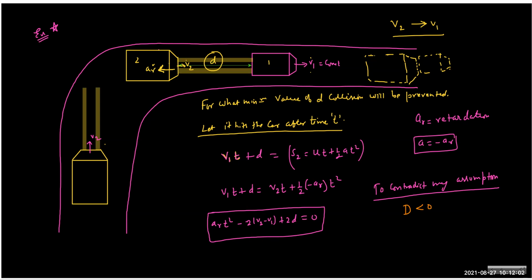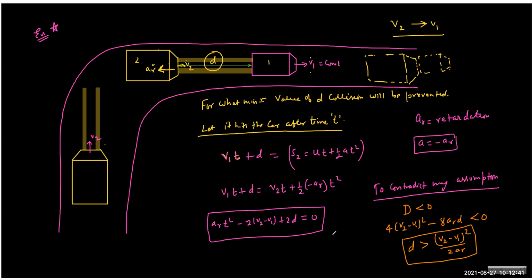So b square minus 4ac, which is (v2 minus v1) whole square minus 2ARd, is less than 0. And therefore, this will give you d more than (v2 minus v1) whole square upon 2AR. To prevent collision, d must be more than this value, and that is what we expect. That d should be bigger than some lower value. If d is less than this value, it will collide for sure.